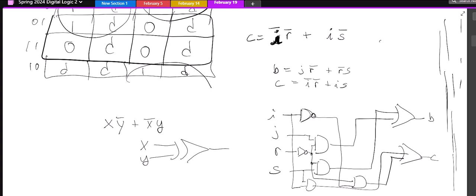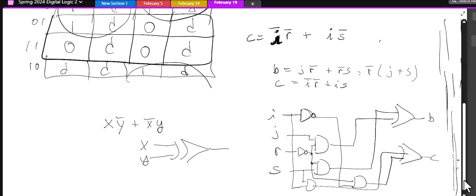So now I'm looking at this, since I have to actually implement this, I want to see if there's anything I can do to make it better. Like, for instance, I noticed that B, I could also write that as not R and J or S, and I don't know if that would be any simpler. So let me look at that and see if that's any simpler.